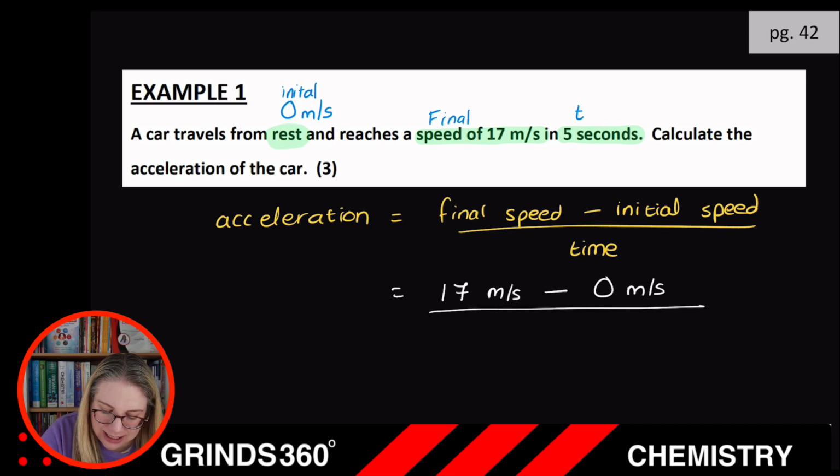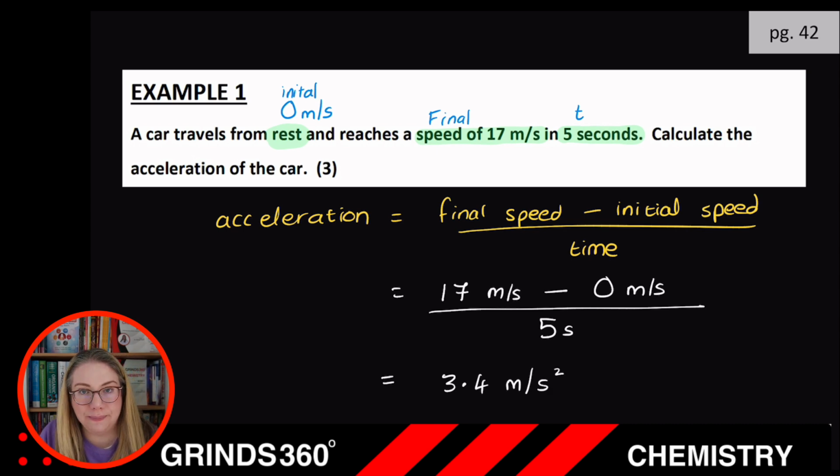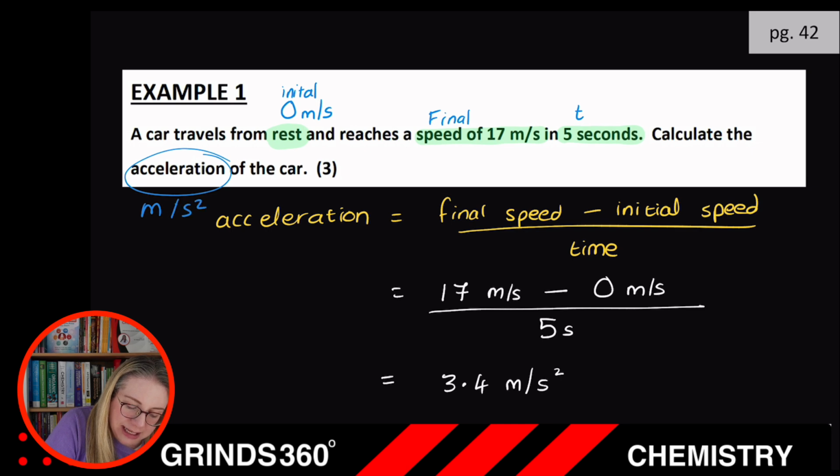And how long did that take? It took 5 seconds. So that would be 17 minus 0 divided by 5 is 3.4 meters per second squared. Okay? Now, it's important that you put in the unit, and remember we are working out acceleration, and straight away your acceleration is meters per second squared. I wouldn't really be bothered with working out the units here, just put in the units as meters per second squared.